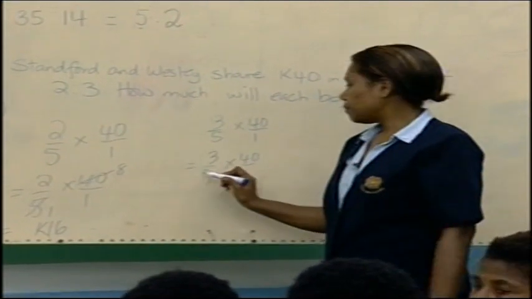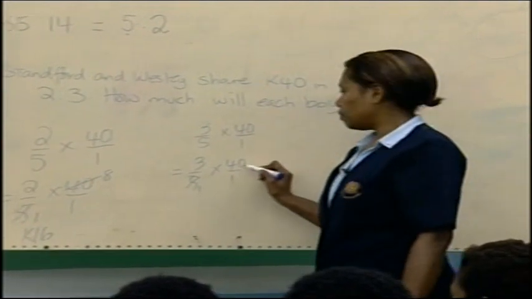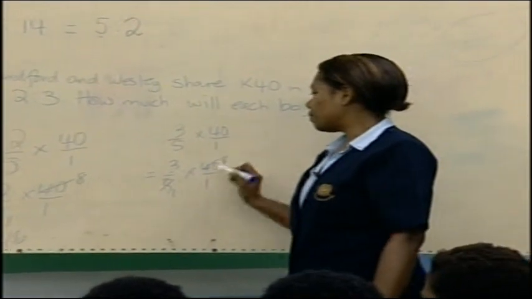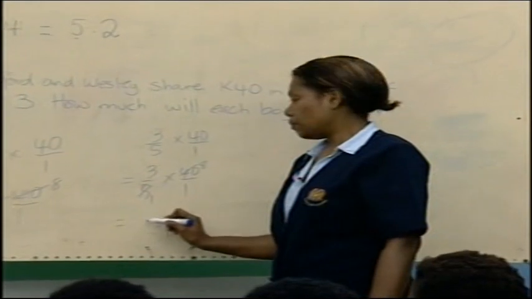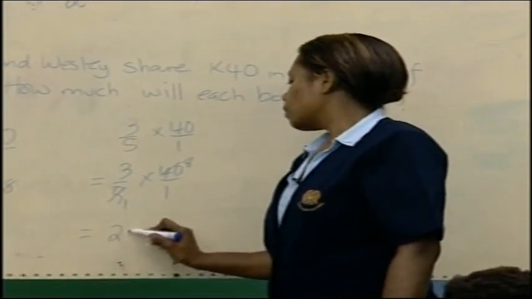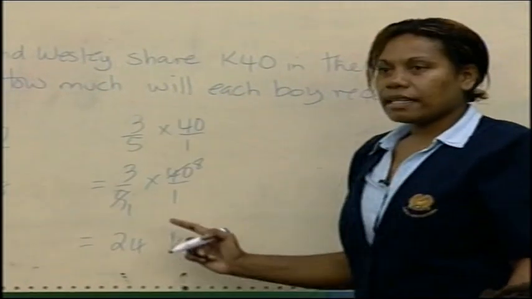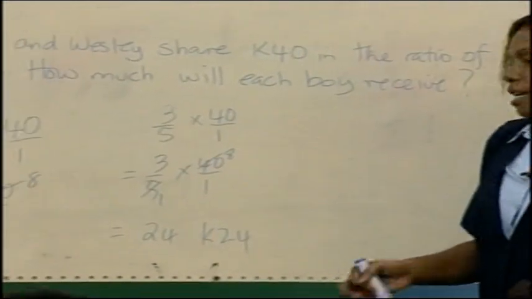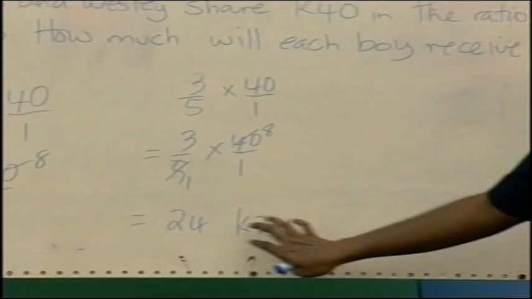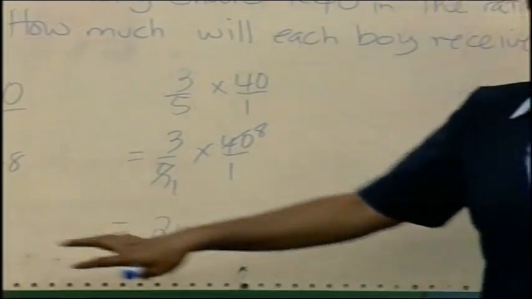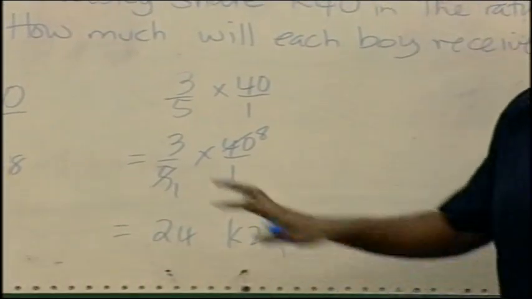Simplify. 5 into 5 goes 1. 5 into 40 goes 8. 3 times 8 equals 24. Very good. So Wesley gets 24 kina. If you add 24 kina plus 16 kina, you should have a total of 40 kina.